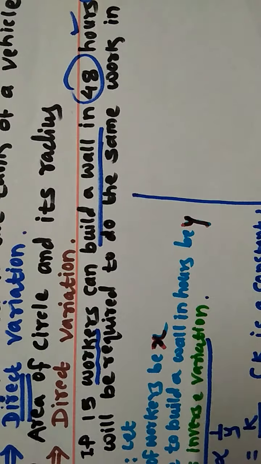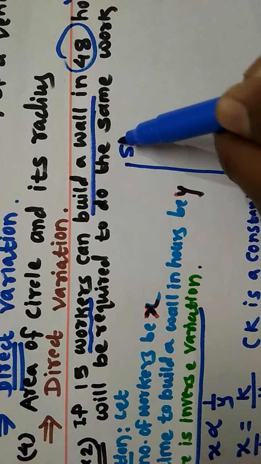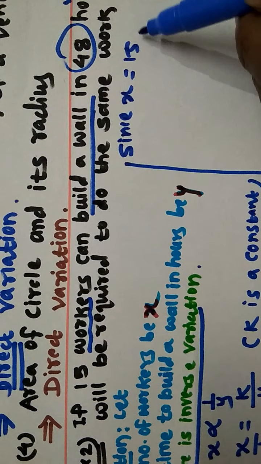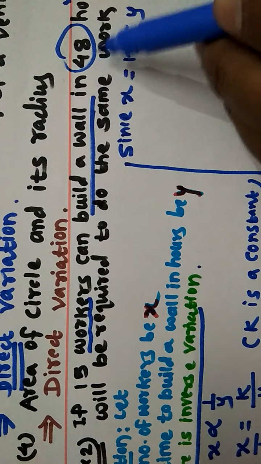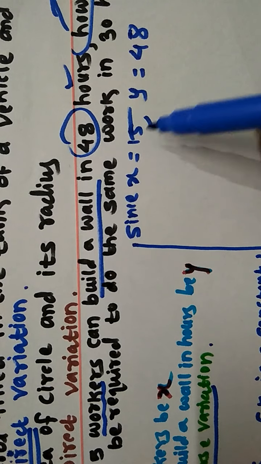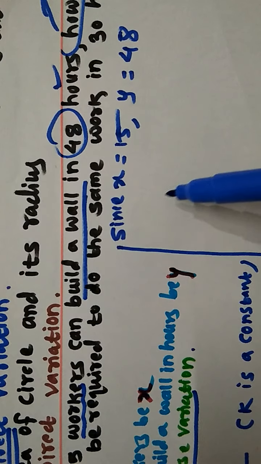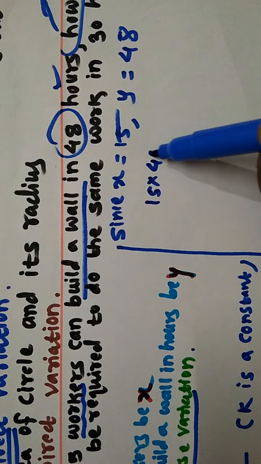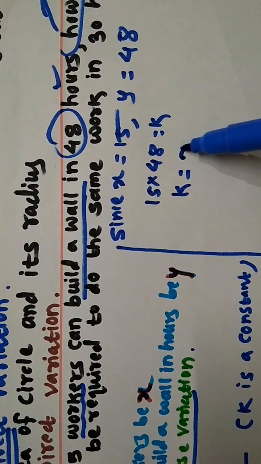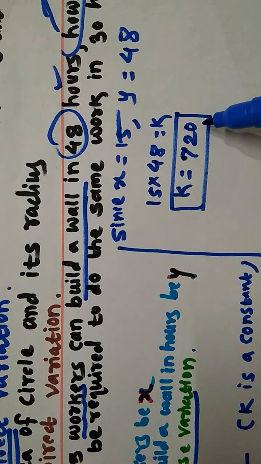Now see here, number of workers is 15, means x is equal to 15, and y is equal to 48 hours. Putting both these values in the equation x into y is equal to k, we get 15 into 48 is equal to k, means k is equal to 720. Multiplication of 15 into 48 gives 720.